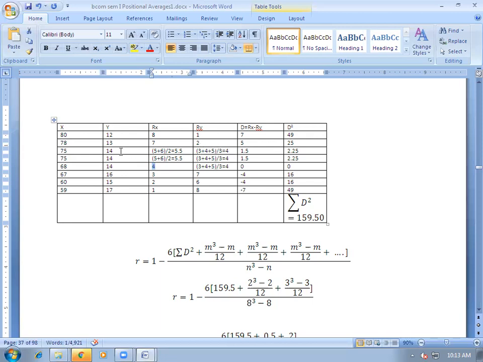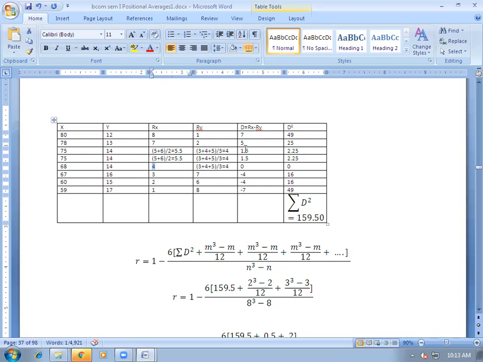So I will assign 4 to all values of 14 in the Y series. Then I will assign the next rank, 6, to the next higher value. 15 will be assigned rank 6, then 7 to 16 and 8 to 17.